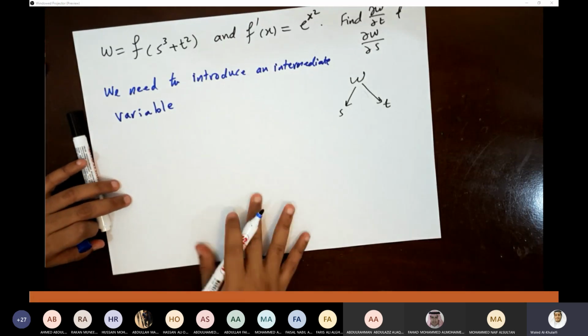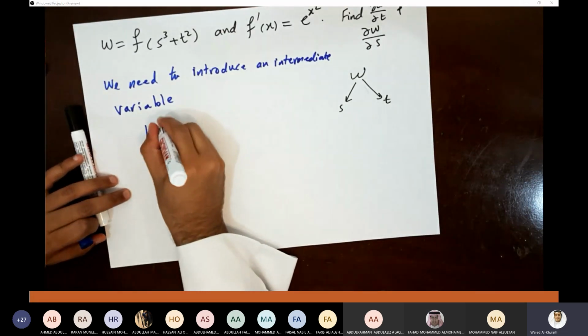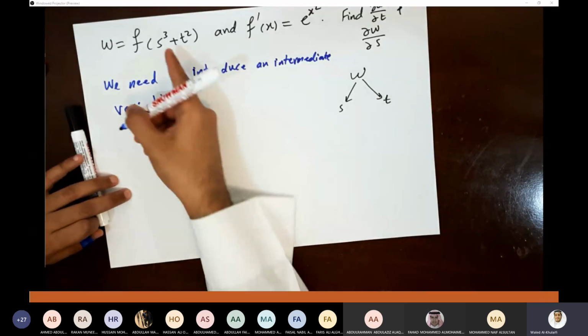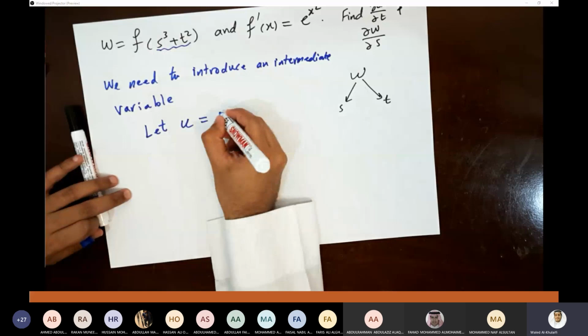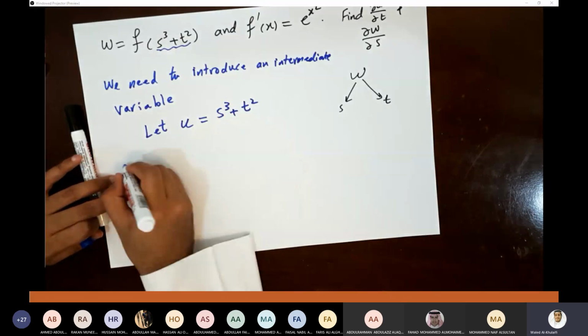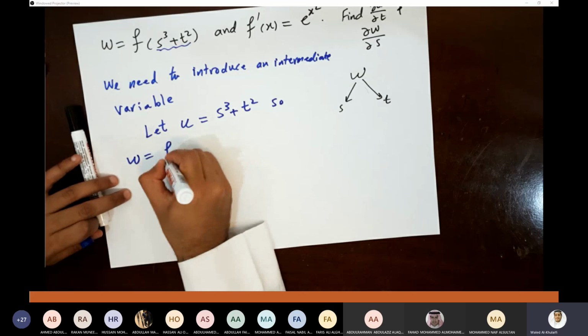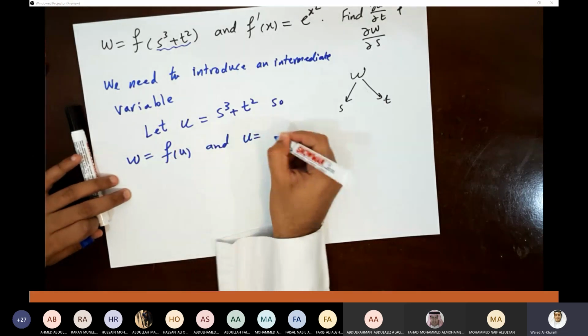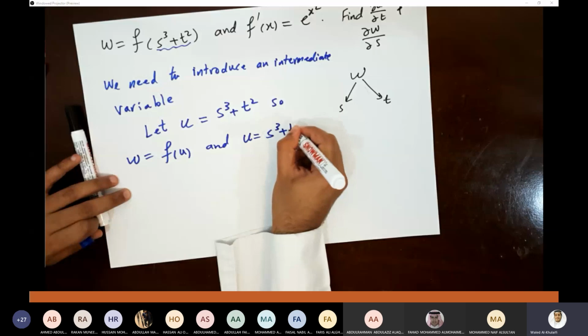Let's introduce an intermediate variable. So we'll say, for example, let's pick any name, let's call it u, equal to the middle, s cubed plus t squared. So W is equal to f of u, and u is equal to s cubed plus t squared.